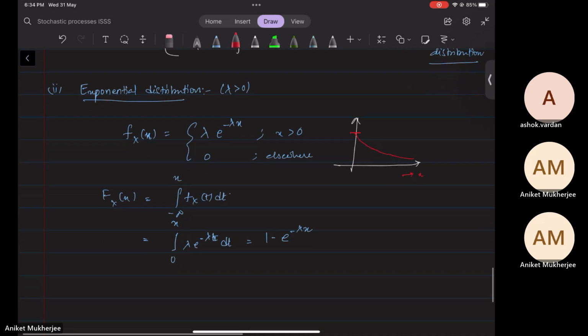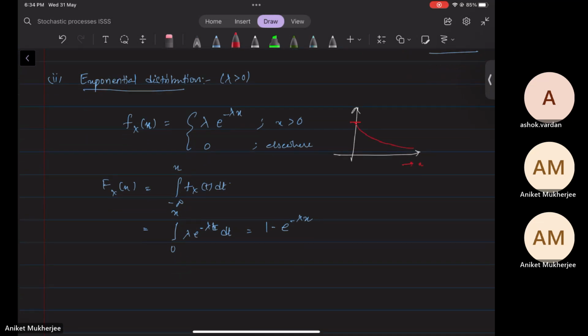We have a nice property for the exponential distribution, which is known as the memorylessness property. The memoryless property is basically used when you model waiting times. When you're waiting for a bus at a bus station, it doesn't matter when the last bus came.